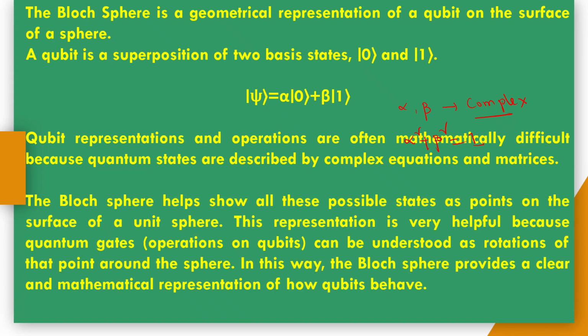The Bloch sphere shows all these possible states as points on the surface of a unit sphere. This representation is very helpful because quantum gates can be understood as rotations of that point around the sphere. Therefore, the Bloch sphere provides a clear representation of how qubits behave, and how quantum gates operate on that state.